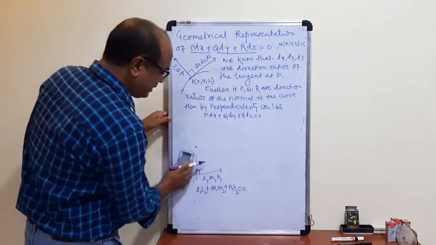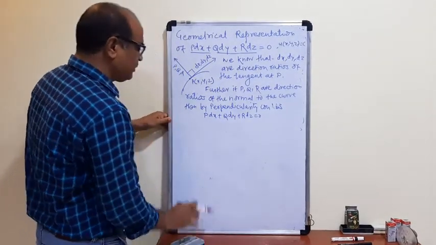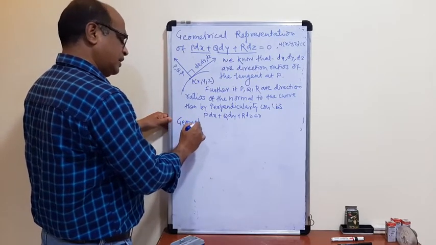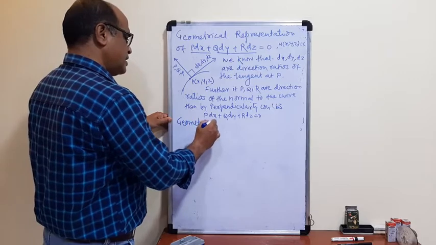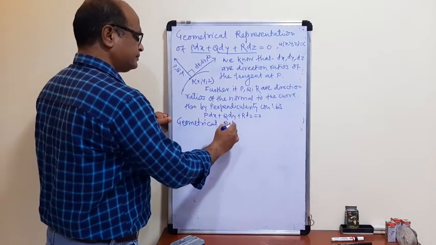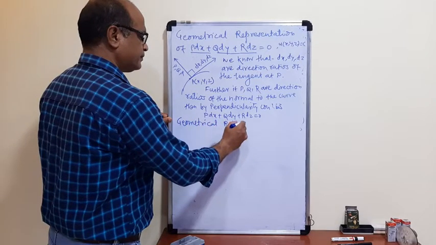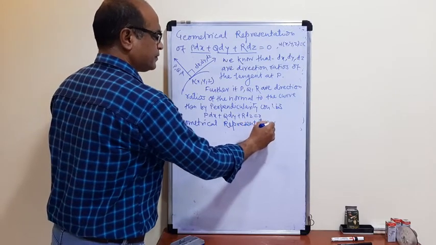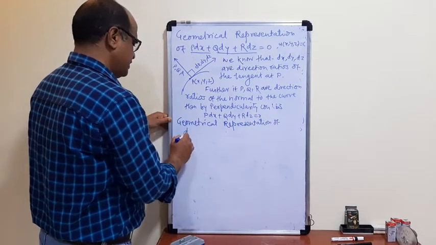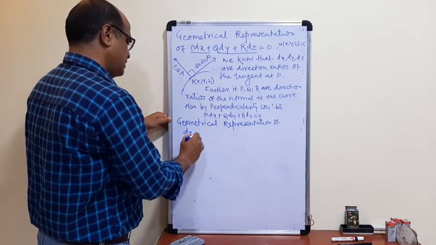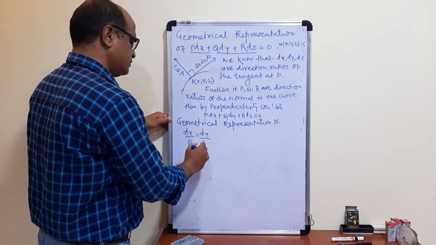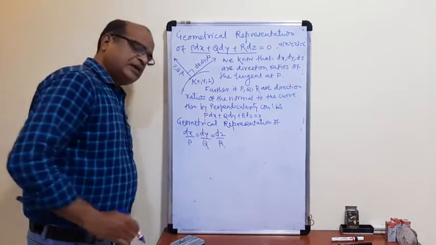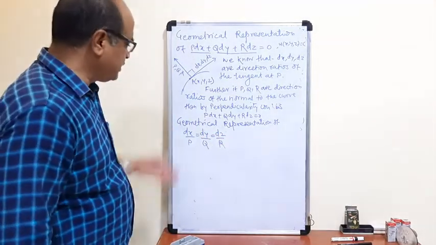So similarly, what is the geometrical representation of dx upon P equals dy upon Q equals dz upon R?